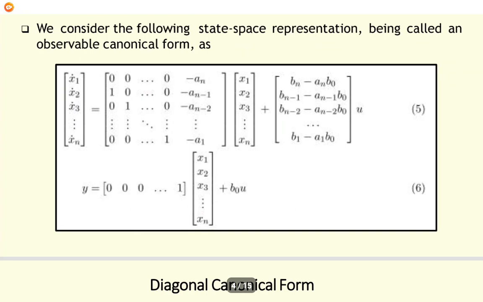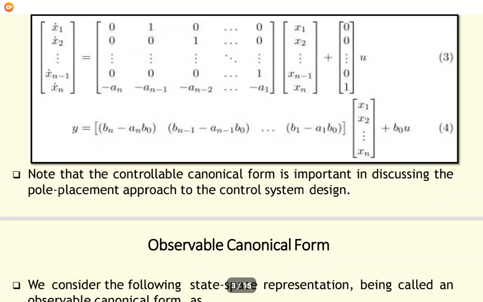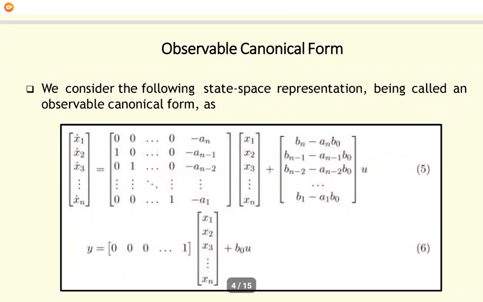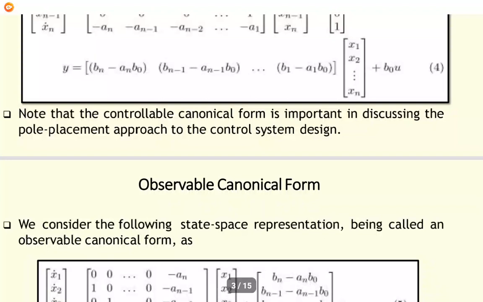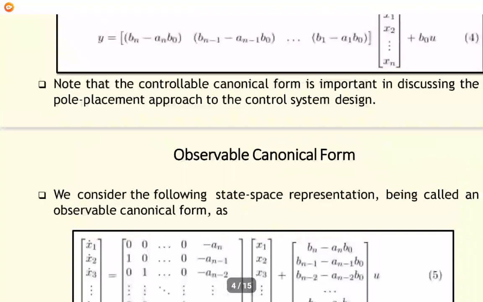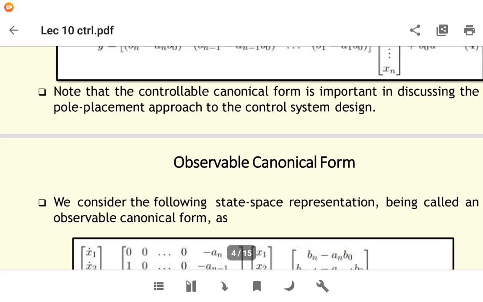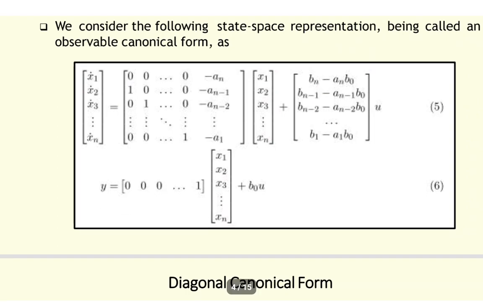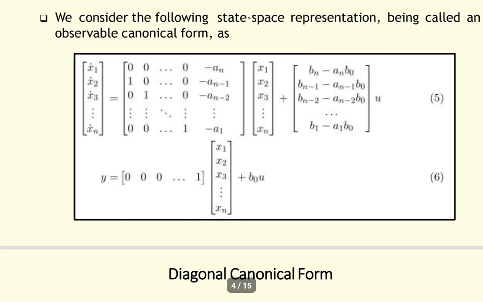The output matrix C contains the B matrix elements available in the controllable form, because of the transpose. That means B transpose is equal to C and C transpose is equal to B. Whatever was in the C matrix is now available in the B matrix.